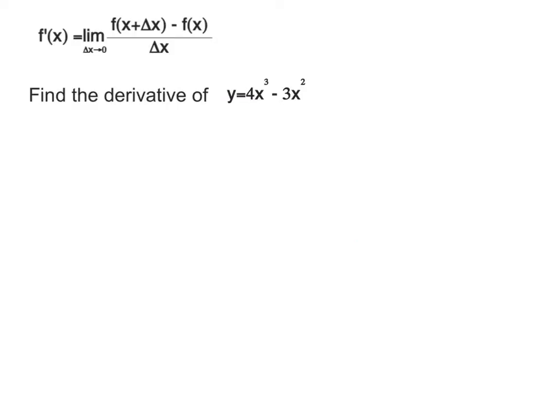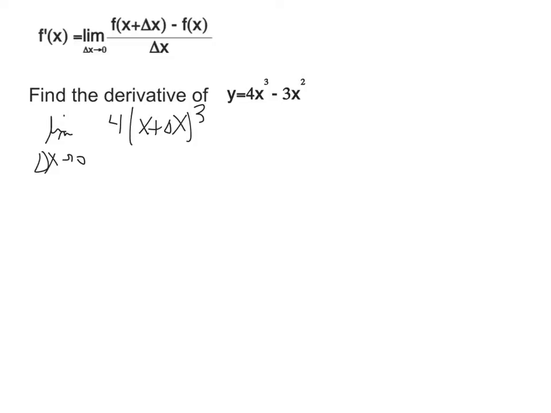Let's find the derivative of this. y equals 4x cubed minus 3x squared. Okay, so again, we're going to use our formula. We're going to look for the limit as delta x approaches 0 of, in this case, 4 times (x plus delta x) quantity cubed.